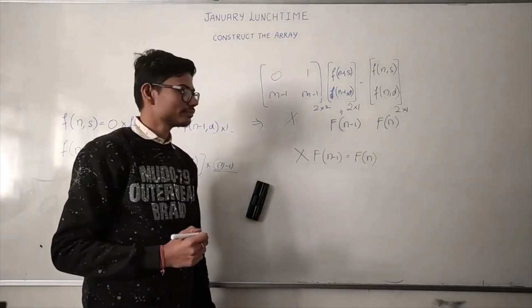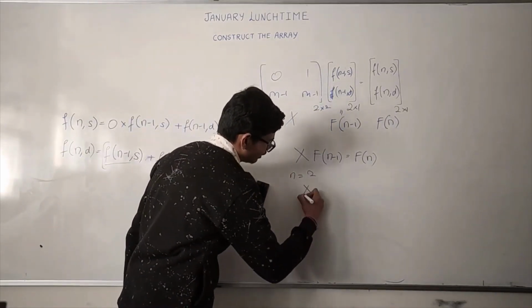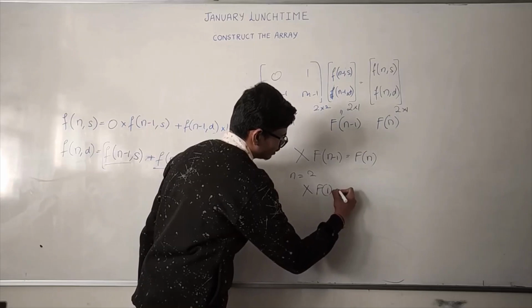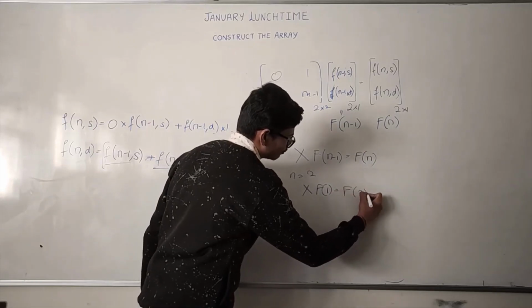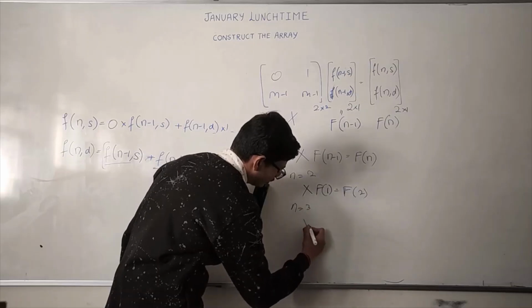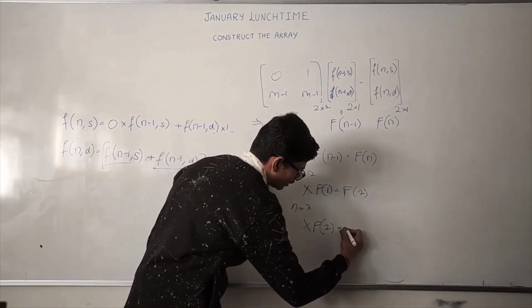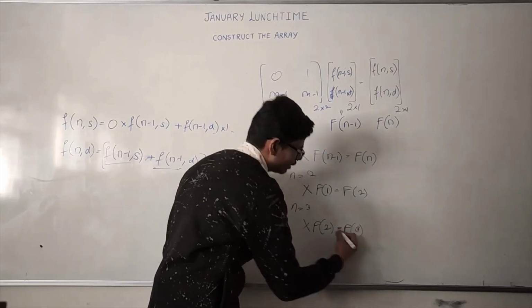F of n. Now if we put n equal to 2, then X into F of 1 is equals to F of 2, and if you put n equal to 3, this equation becomes X into F of 2 equal to F of 3.